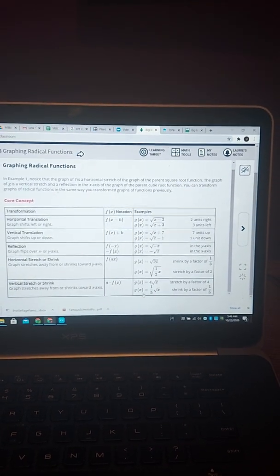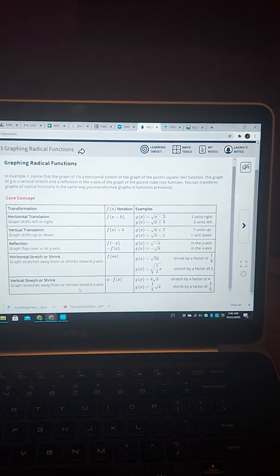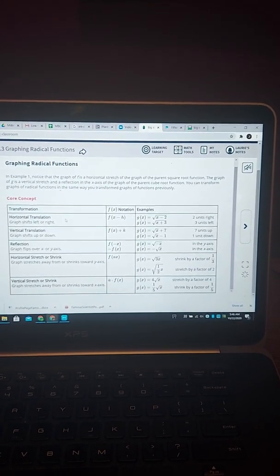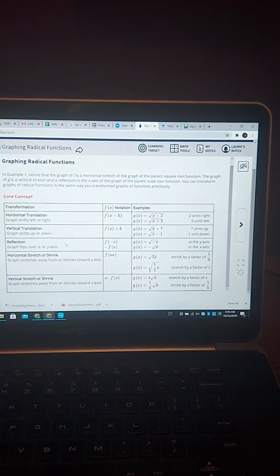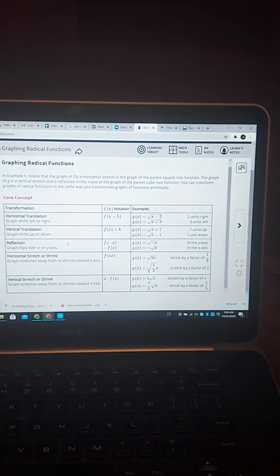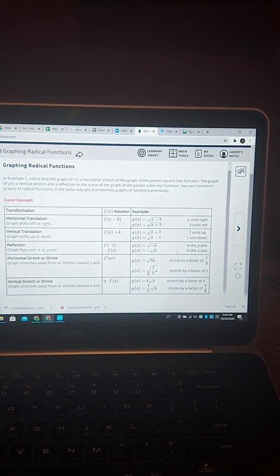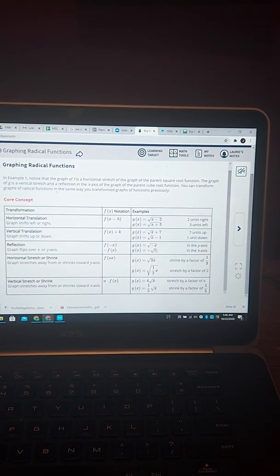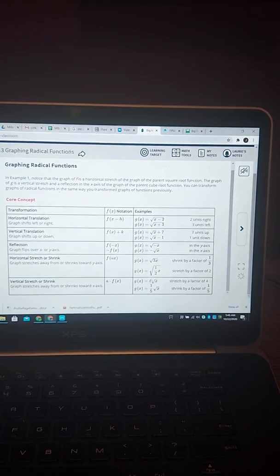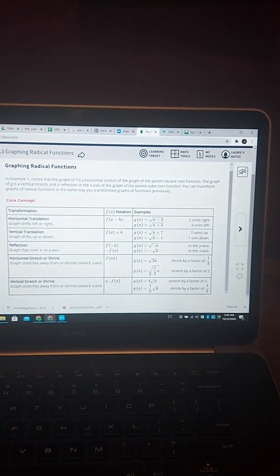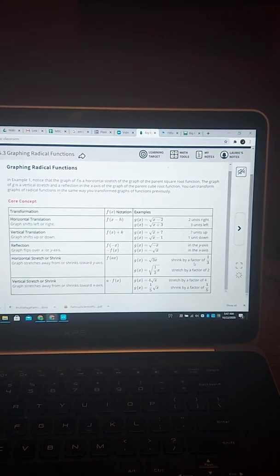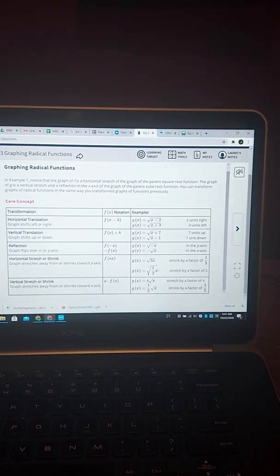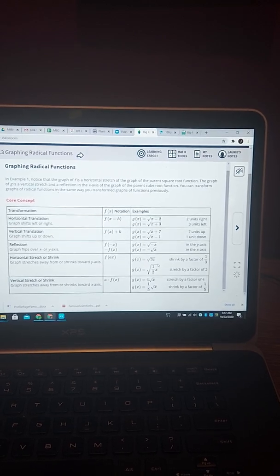When you look at this box, we've done horizontal translation, we've done vertical translation, we have not done the flip over the x or over the y-axis. We did a flip over the x, and we did vertical stretches or shrinks. So we've done over 85% of this table. What we're going to look at is the horizontal stretch or shrink.